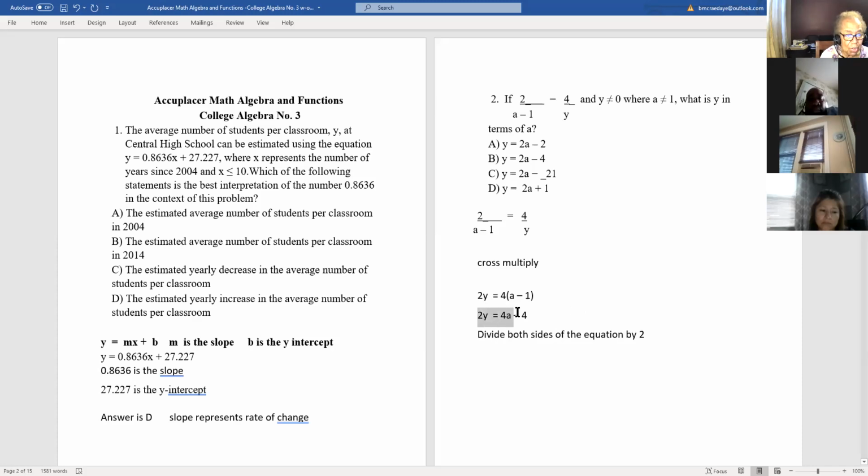Now let's just put down what we're doing here. I'll write that over again and then we'll put the 2 under it. Now we're dividing both sides by 2, right? So we're going to put the 2 here and we're going to put the 2 here.